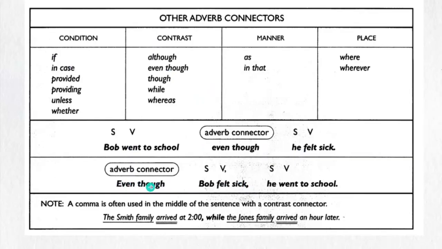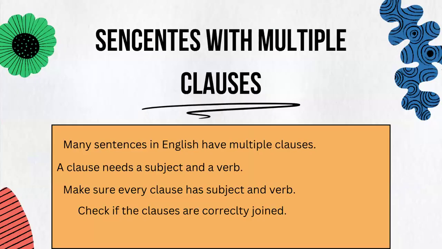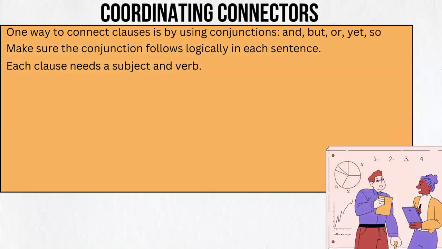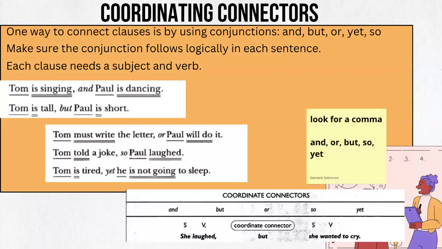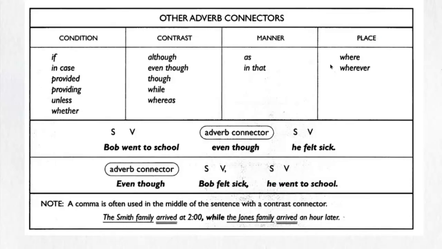Even though Bob fell sick, comma, he went to school. So it's really important to remember that comma is used before and, but, yet, or, and so. But there is no comma before these connectors. Okay?